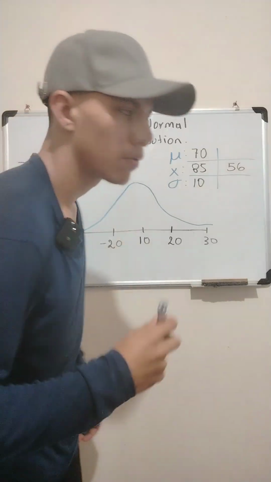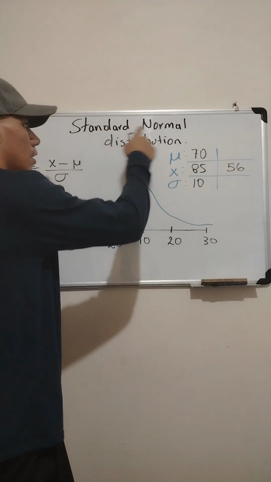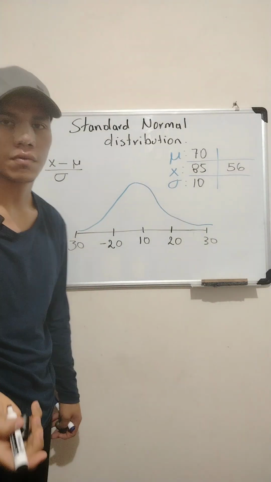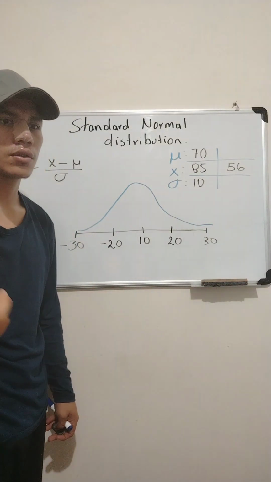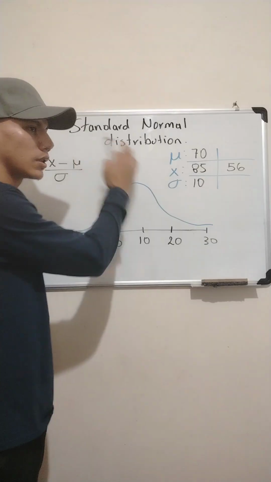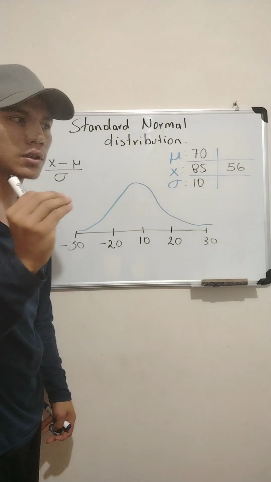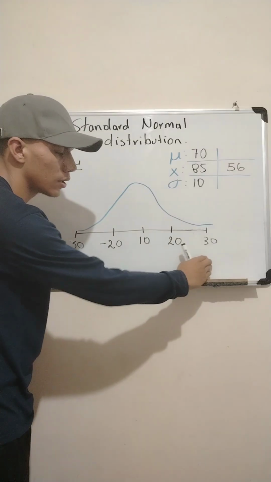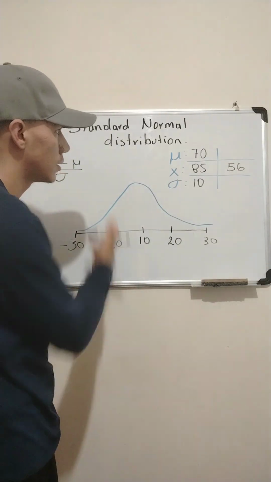And for our last topic, we have the standard normal distribution. What is the standard normal distribution? Well, as you already know, the Z standardization is the way of converting all the values into Z scores.